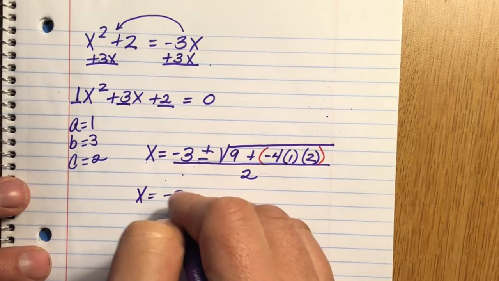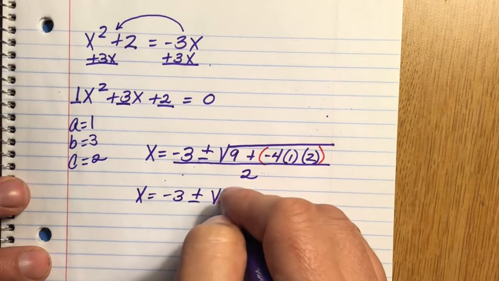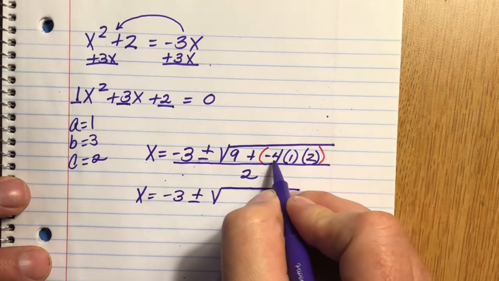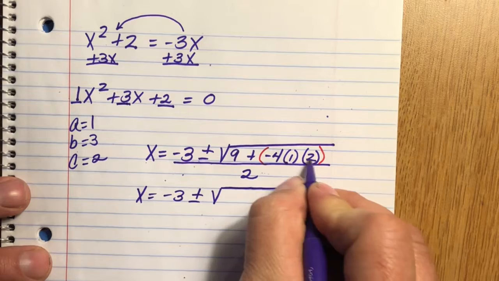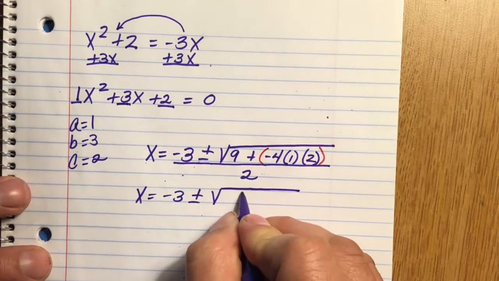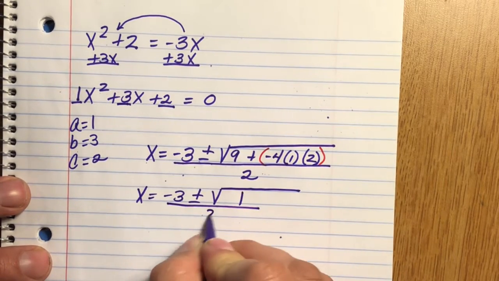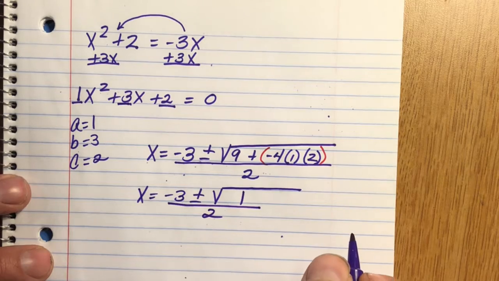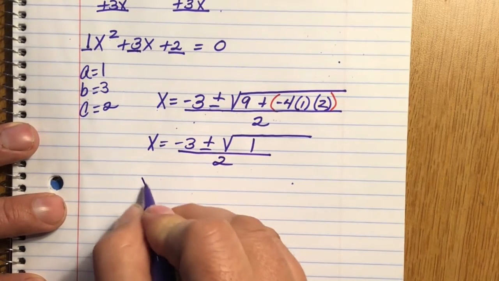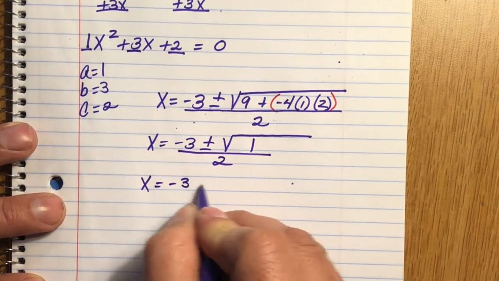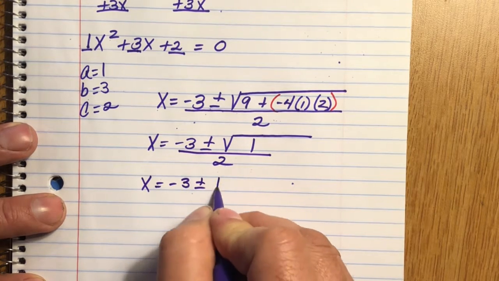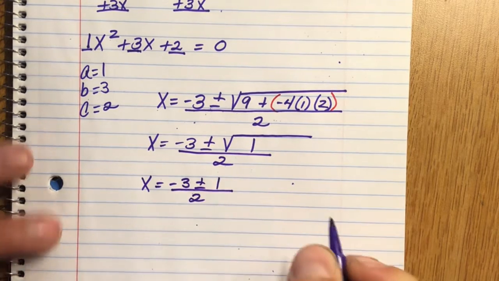So x equals -3 plus or minus the square root. All right, this is going to be what? -8 plus 9 is 1, all over 2. So x equals -3 plus or minus 1 all over 2.